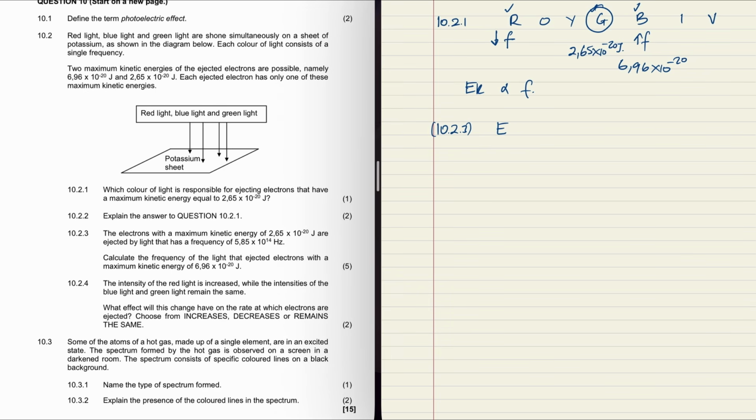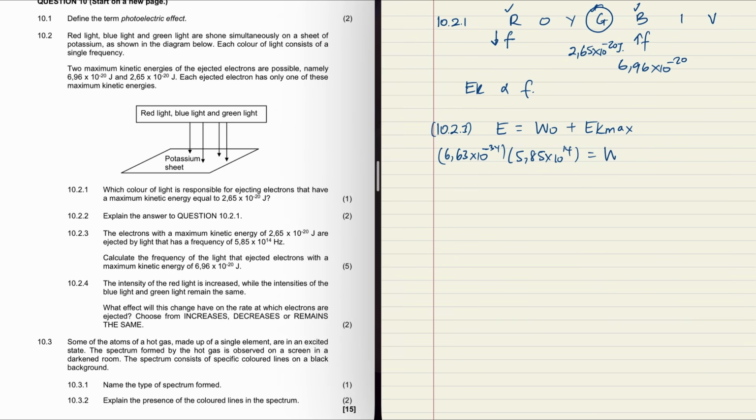E is equal to W naught plus EK max. Now remember, E is equal to hf. So h is 6,63 times 10 to the negative 34. And the frequency of the green light they've given us is 5,85 times 10 to the power 14.